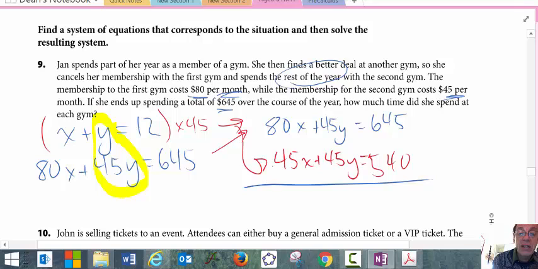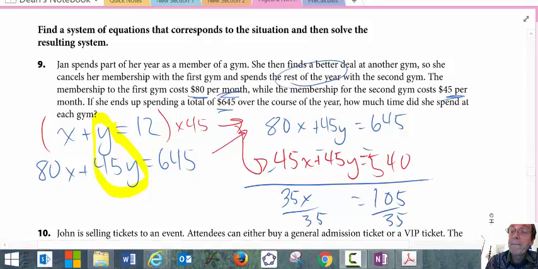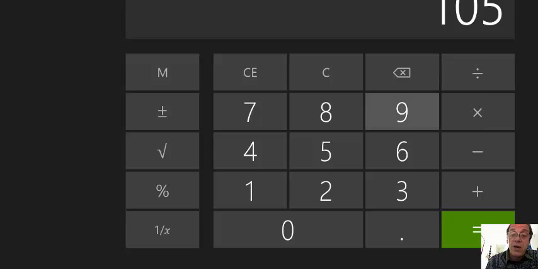And now it's really easy to subtract these. So I'm going to subtract 45x and 45y and 540. See, I think that's 35x. Yep, that's what it is. Equals, and it looks like we get 105. So now I'm going to divide both sides by 35. So 105 divided by 35 is 3.